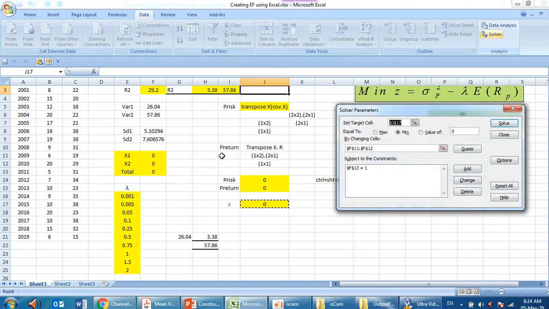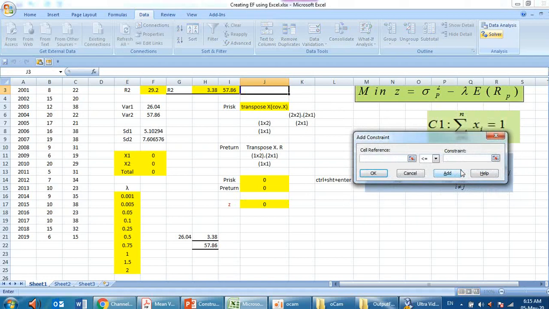I'll say that all weights should be equivalent to 1. It says this cell, F13, is equivalent to 1. Why? Because all weights sum to 1. Now, if I want to say short sales are not allowed, I can put this value over here that it should be equivalent or greater than 0.